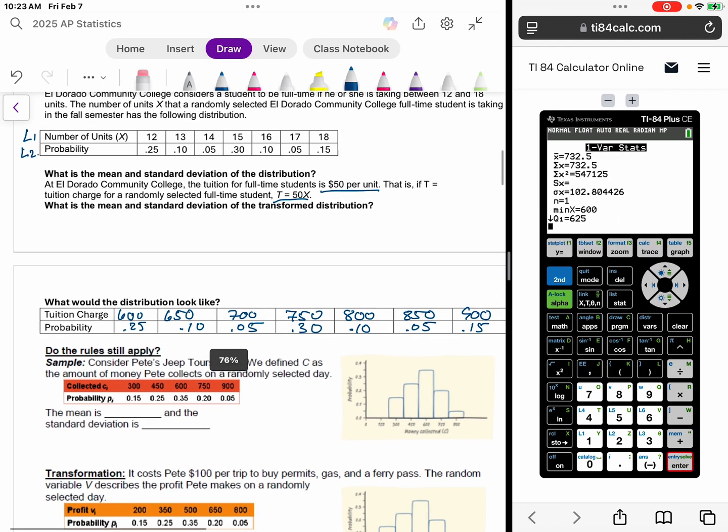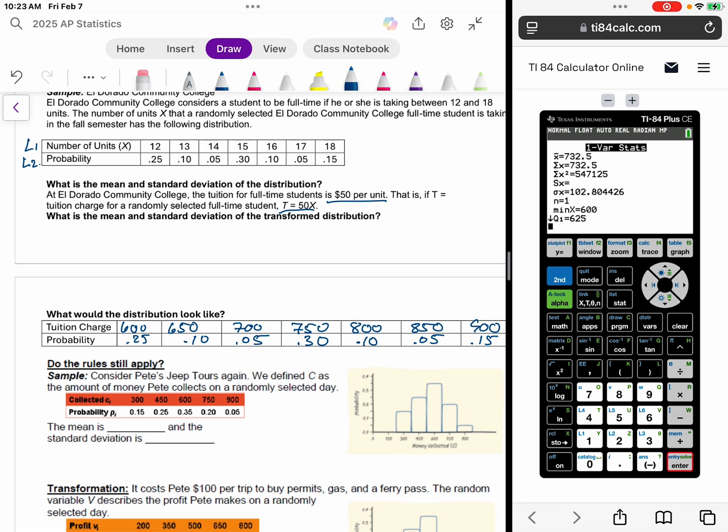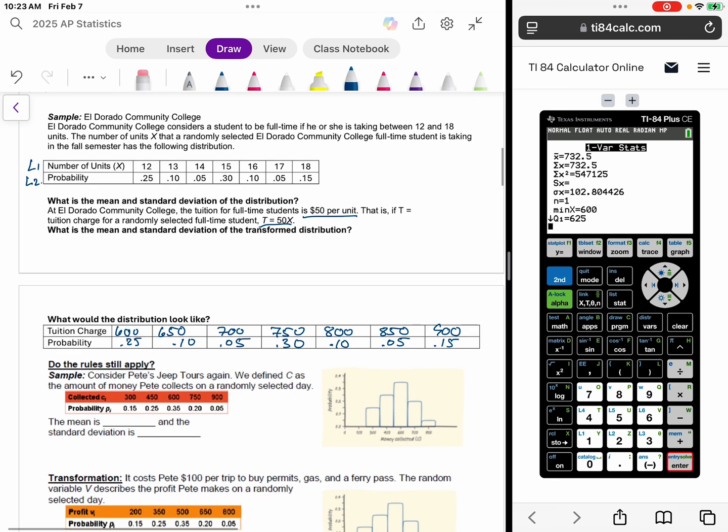What is the mean of the transformed distribution? Mu sub t is equal to 732.50, and the standard deviation sub t is equal to 102.804426.